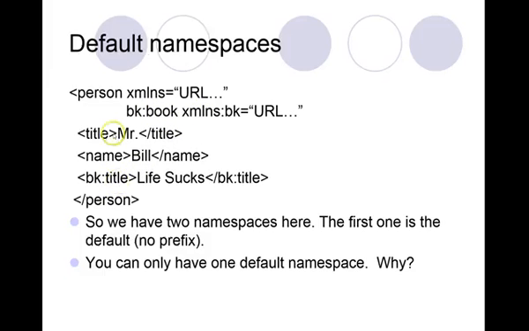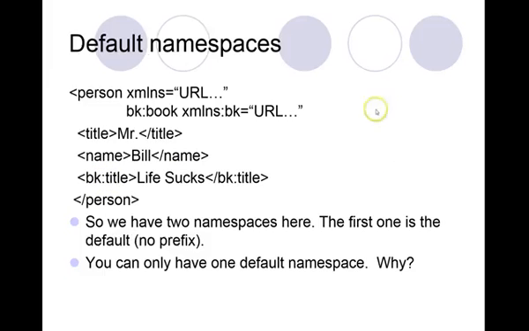And then here I want to show that I'm talking about the title in book, not the title in person. So by default, title and name and person are all in the person namespace, and we don't provide a prefix there. And then because this is the book namespace, I have to put that prefix in.